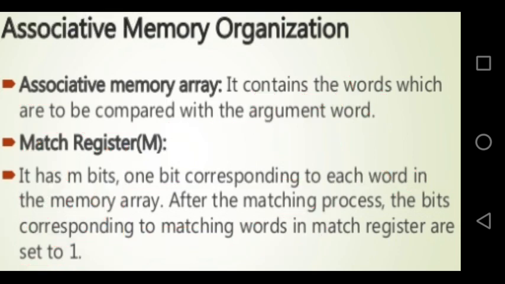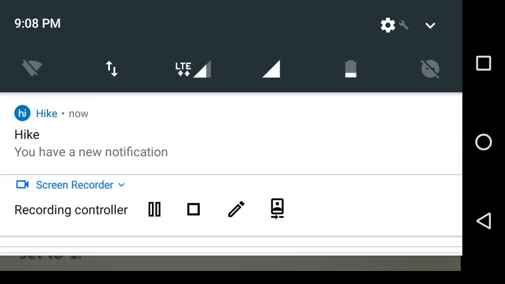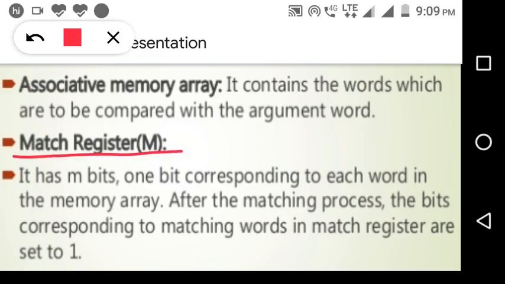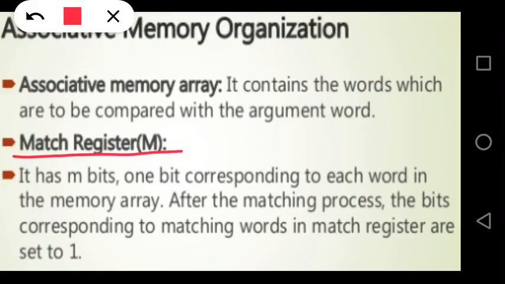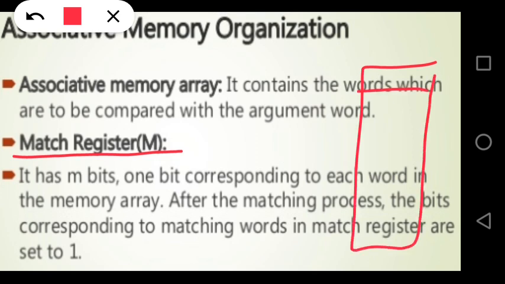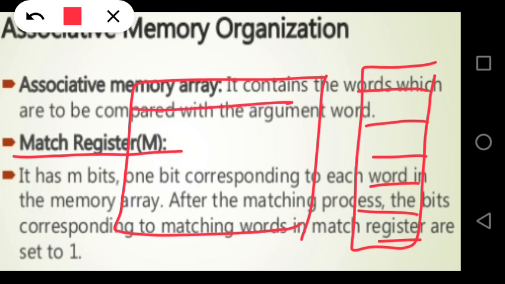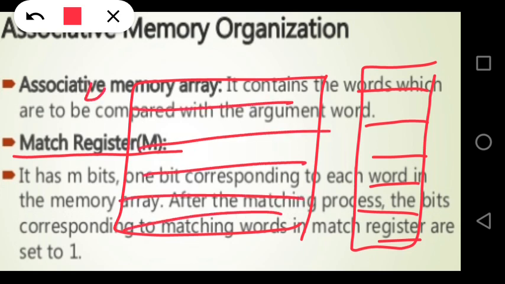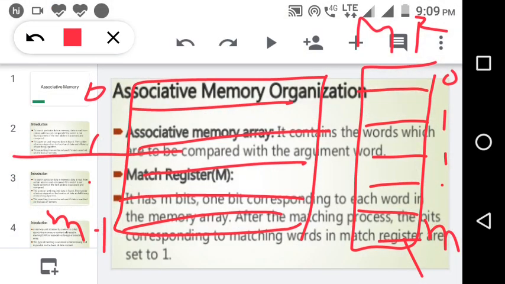And there is a special register called the match register. It has m bits, because the associative memory contains words 0 to m minus 1. So there should be a match register which contains exactly 0 to m minus 1.